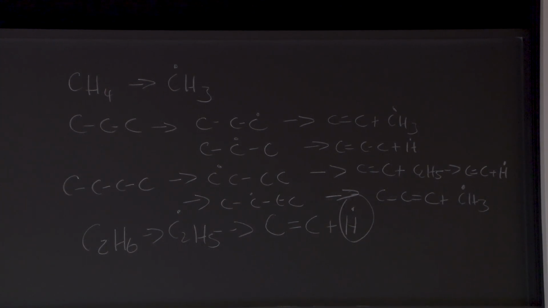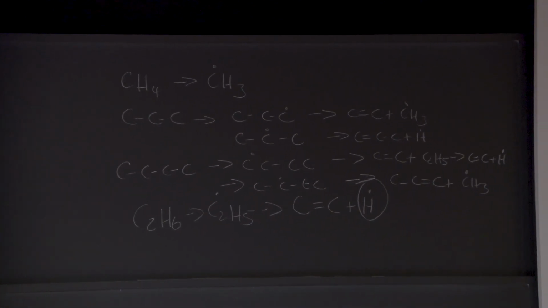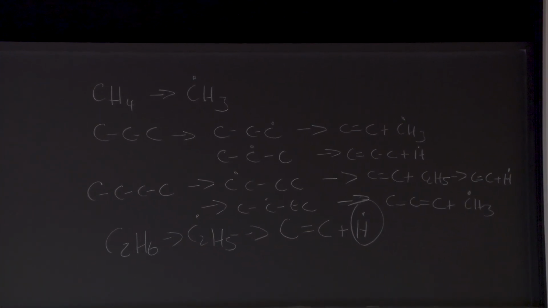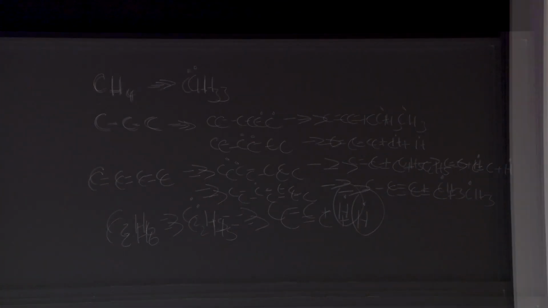So fastest to ignite will be ethane because it produces only H atoms. Slowest to ignite will be methane because it produces methyl radicals, no H atoms. And then the other species will have reactivities which lie in between both because they produce both H and methyl radicals, a mixture, right?